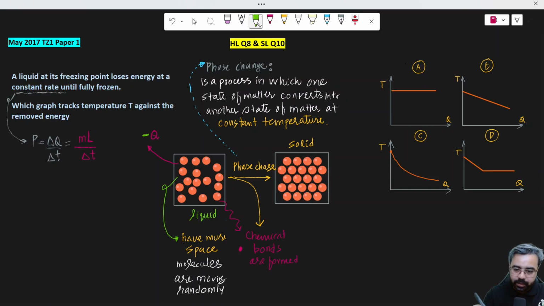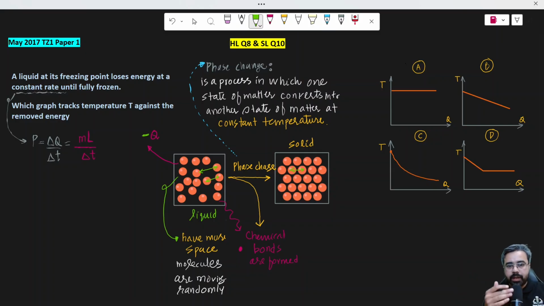And secondly, you see that the distance between the mean positions of the molecules is greater than in the solid form. The molecules are close in a solid form. So I can say the molecules in a liquid form have more intermolecular forces of attraction because the molecules are at a larger distance.